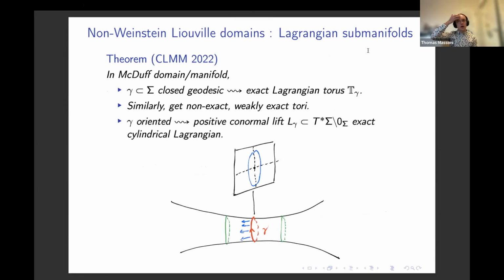there are different ways of seeing it. I can give you a not very appealing way, which is the following. Take the positive conormal lift of the geodesic. That's a Lagrangian cylinder in R cross M, and you can make it disjoint from itself by pushing it by some Hamiltonian flow.